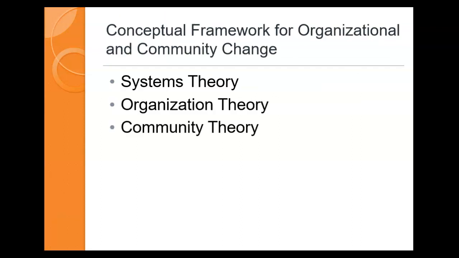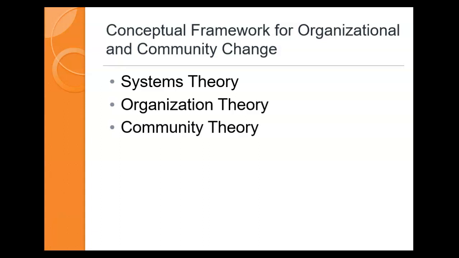The textbook also talks about conceptual frameworks for organization and community change, and the three theories identified in the book include systems theory, organization theory, and community theory. Systems theory is employed in most, if not all, areas of social work. We talked about it earlier on in the textbook as well.